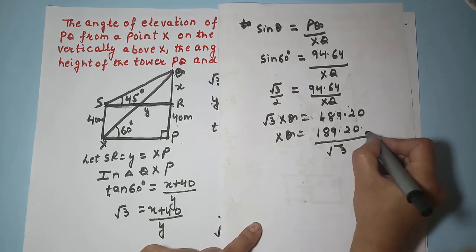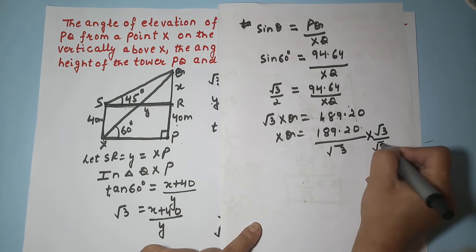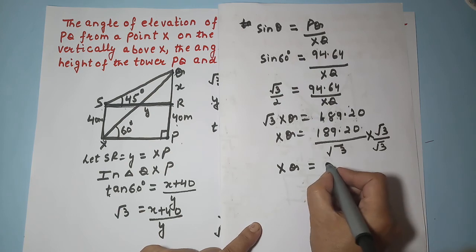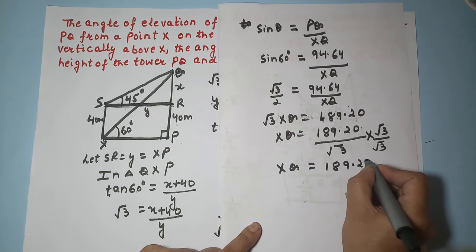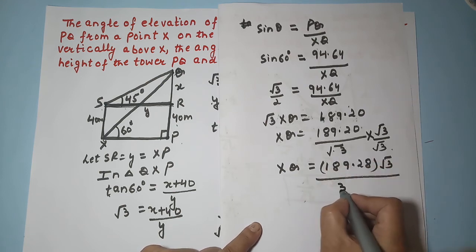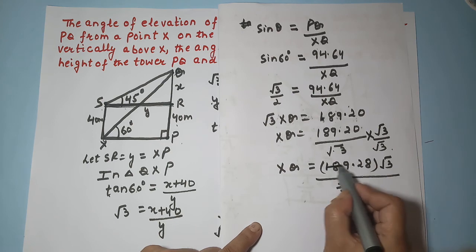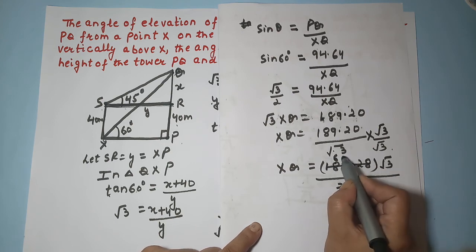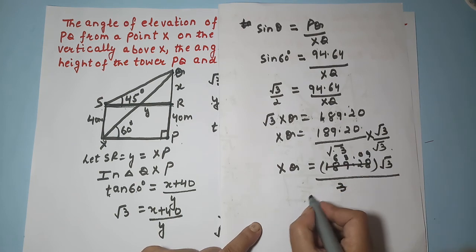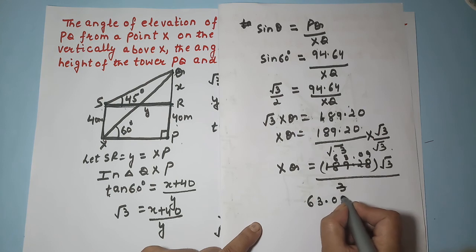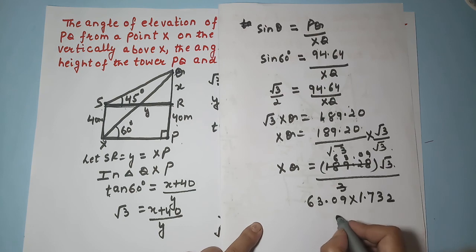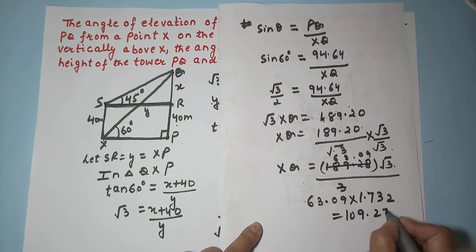Now if you want to rationalize this, you will get XQ as 189.28 into root 3 upon 3. So if you cancel this with 3, you will get 63.09 into 1.732, which is equal to 109.27 meters.